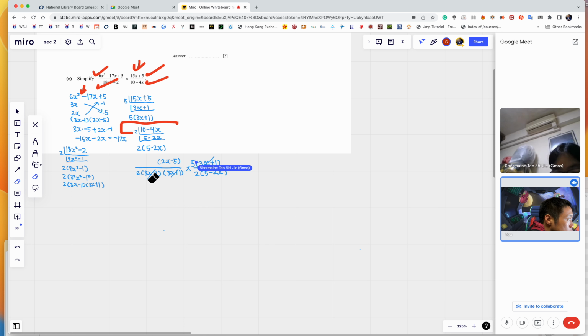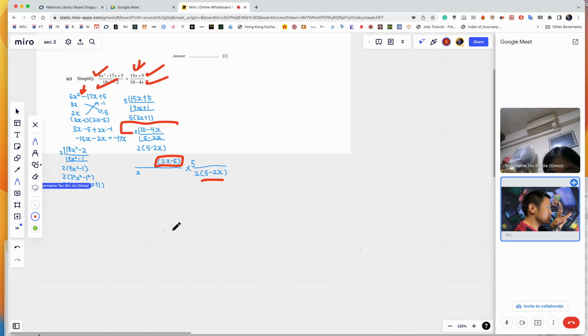Don't move. Can you move your cursor away, please? Good, thank you. Can you see that you have the 2x minus 5 here? And you have the 5 minus 2x. You remember that their position is front and back different, right?